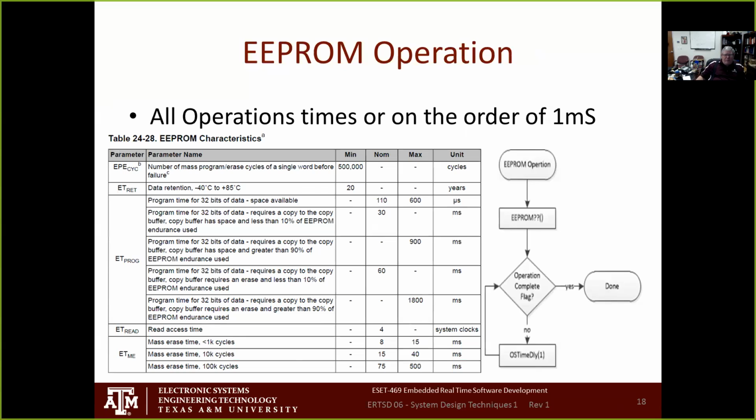And so I pulled up the data sheet for a double EEPROM here. And let's kind of take a look at some of these values. So how long does it take to program data into a double EEPROM? So this says 600 microseconds is the max for writing a 32-bit value, and that's a long time in terms of CPU cycles, but it's close to a millisecond.